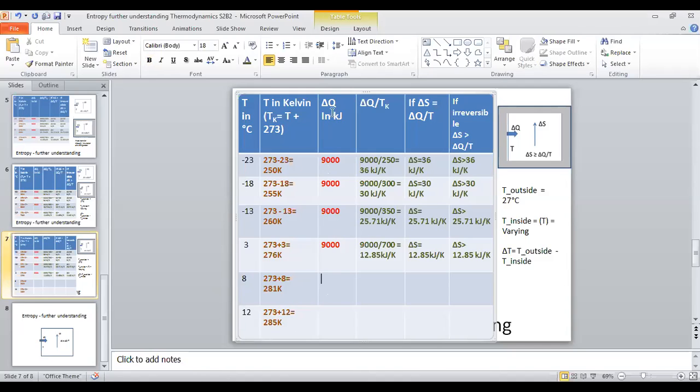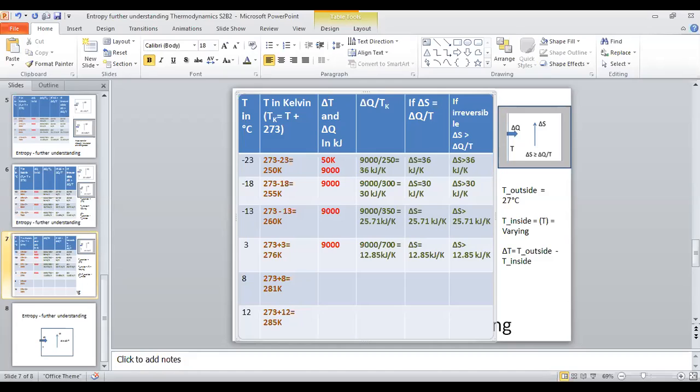So you have the delta T and delta Q. Your delta T value is 27 minus minus 23, 50.